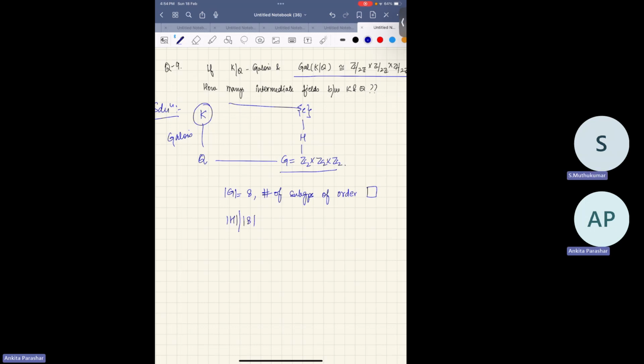Lagrange's theorem says that this should happen. Therefore, H is either the identity, G, or H has order 2 or order 4.